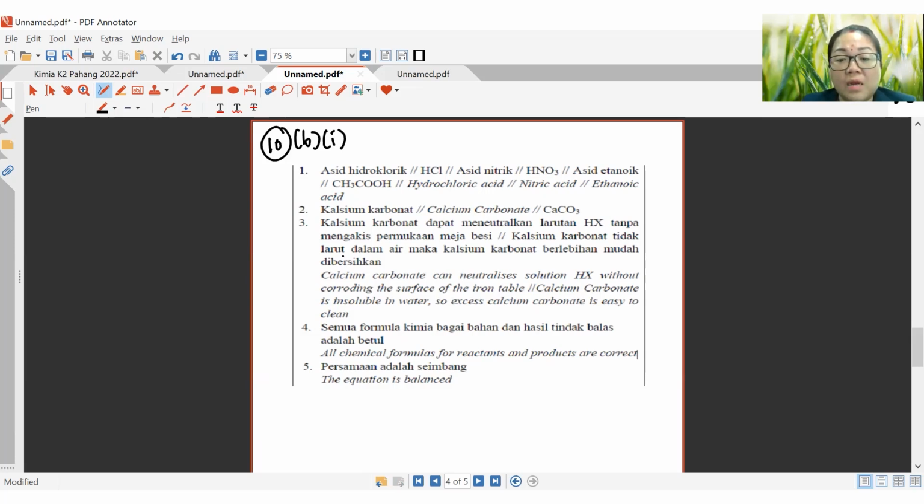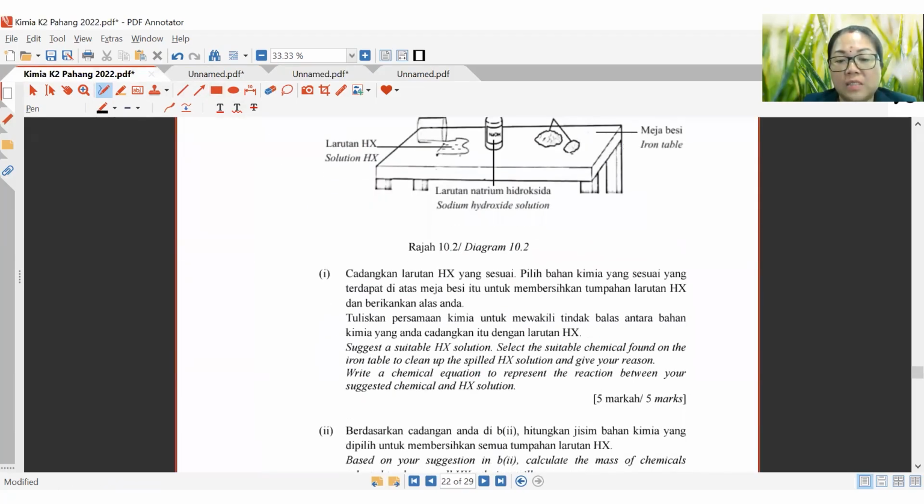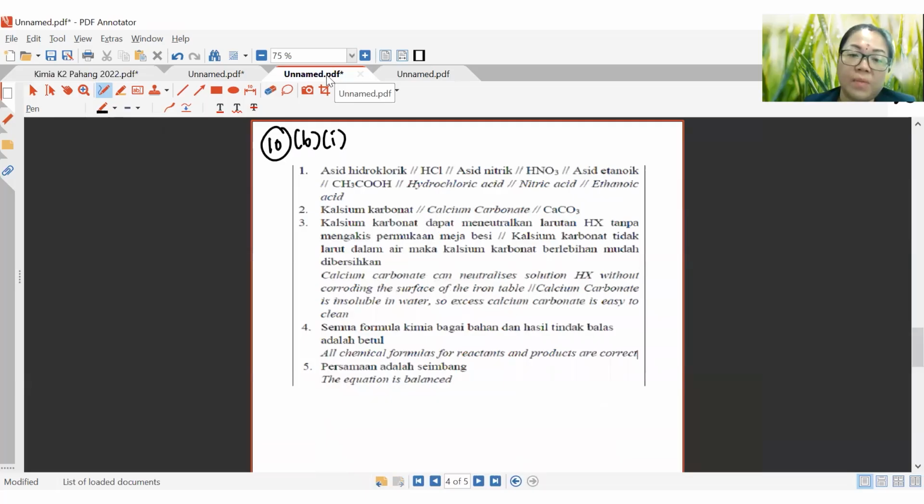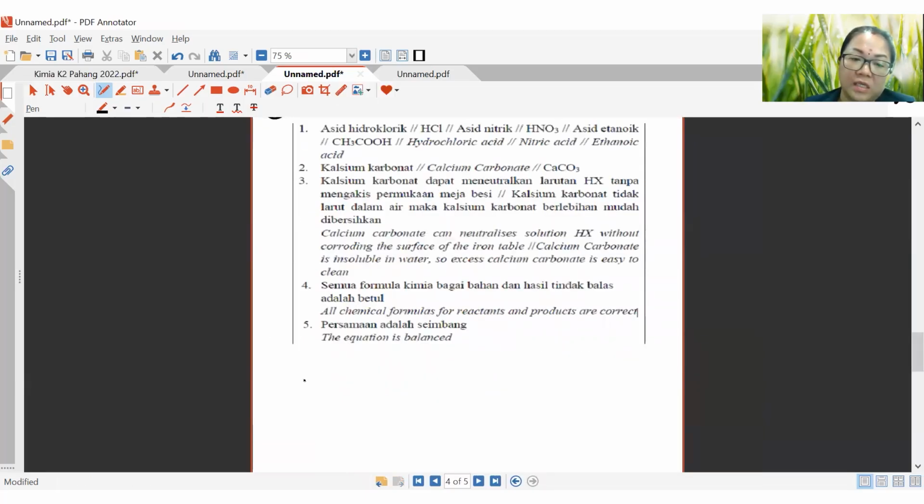And then next we have to write down the chemical equation. Write a chemical equation to represent the reaction between your suggested chemical and HX. So for example, if for HX you opt for HCl, it will react with calcium carbonate to form calcium chloride plus CO2 plus H2O.